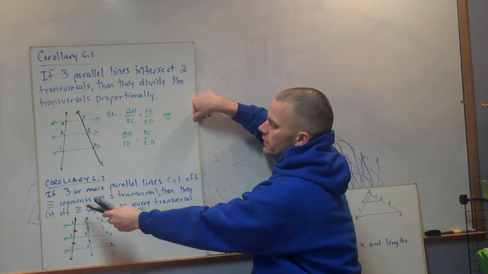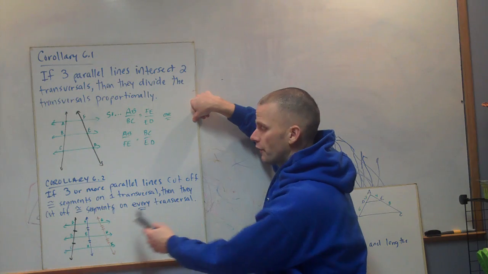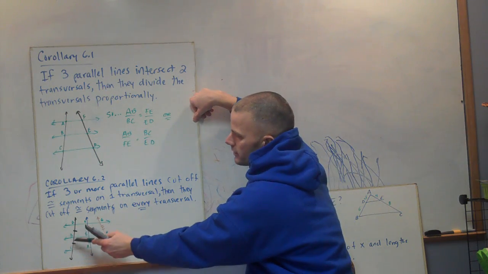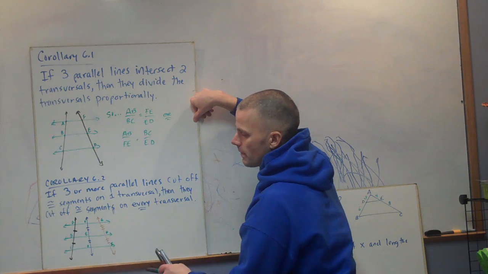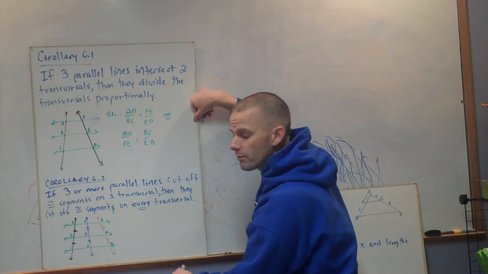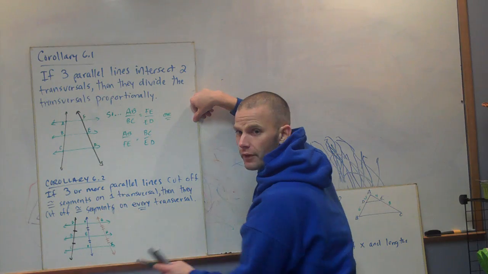So if they cut off congruent segments on one transversal, then they actually cut off congruent segments on every single transversal. So if I know that segment AB is congruent to segment BC, then for every other transversal that's going to intersect those three parallel lines, we're always going to have congruent segments.